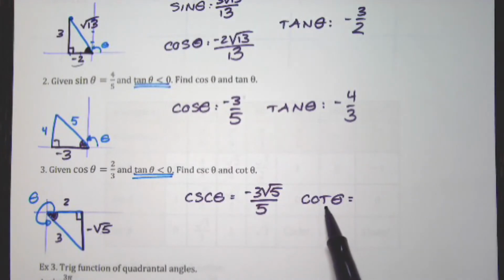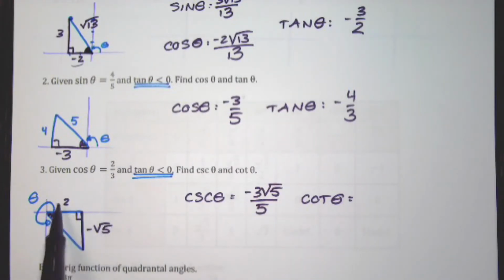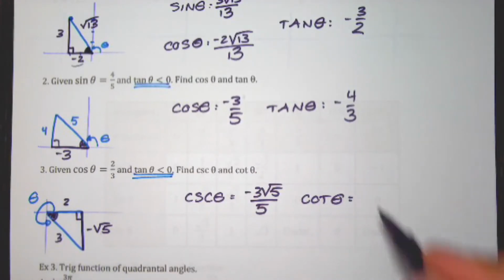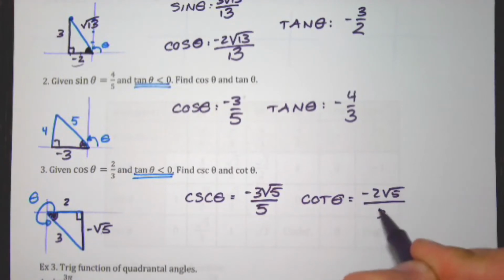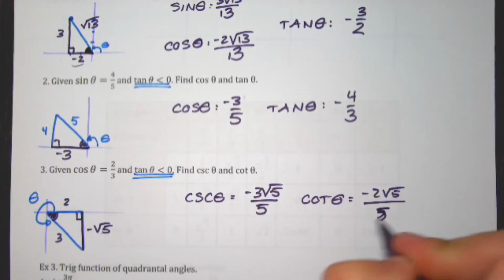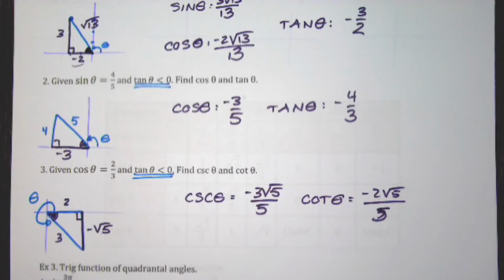Then we have cotangent. Instead of being opposite over adjacent, we have that flipped. Thus, again, we need to rationalize, giving us a negative 2 root 5, clean that up over 5.